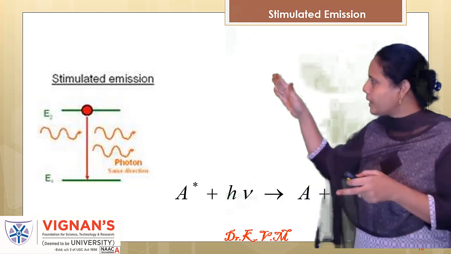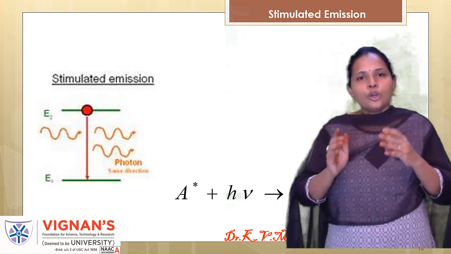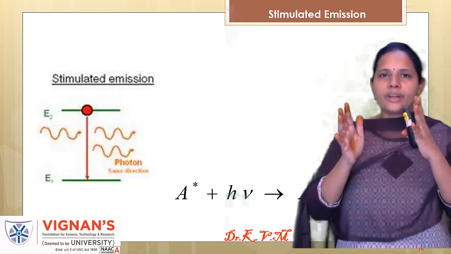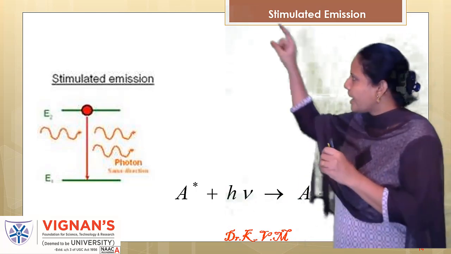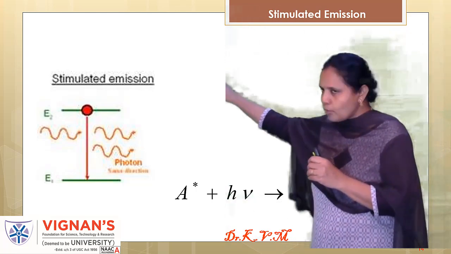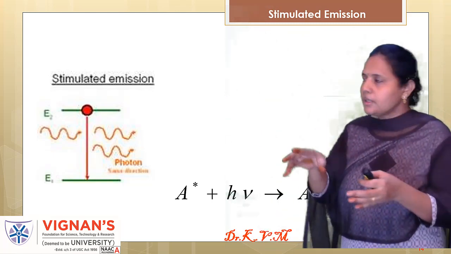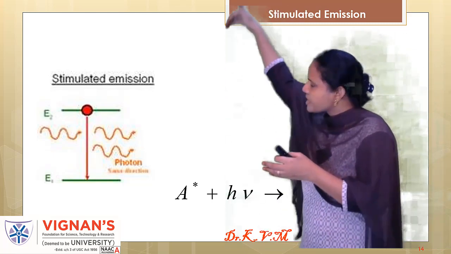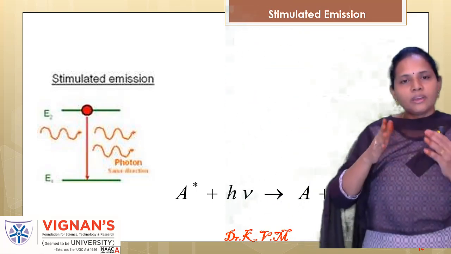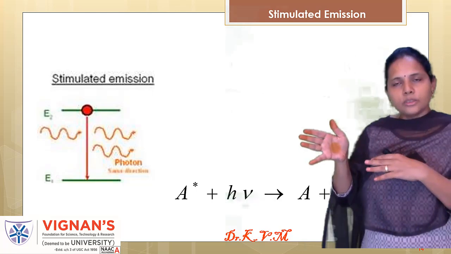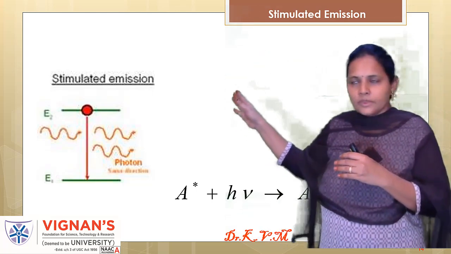That means the emitted photons are coherent. I repeat, to make the emitted radiation coherent, we are triggering the excited atom with one more photon within its lifetime so that this photon pushes the atom down and two photons get out at the same time with the same phase.